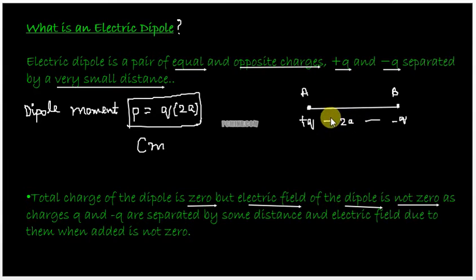So if you find the electric field at any point which is at different distances from plus q and minus q, definitely we will get different values of the electric field, though the same magnitude of charges are producing it. So we say that the total charge of the dipole is zero, but the electric field of the dipole is not zero because the charges plus q and minus q are separated by some distance, and so the electric field due to them when added is not zero.